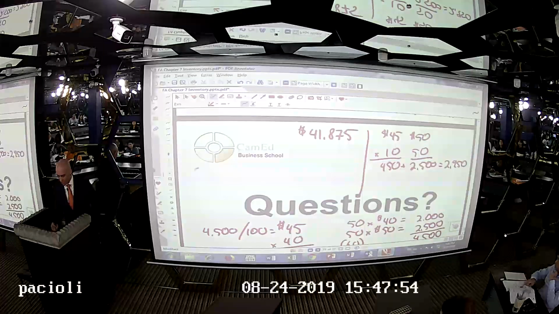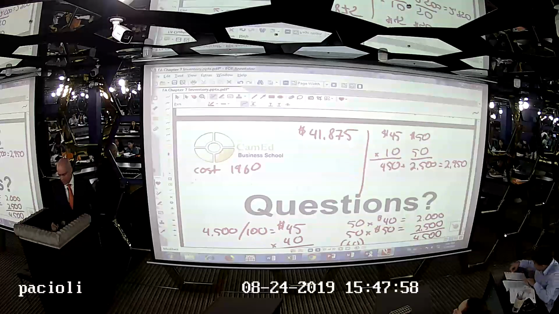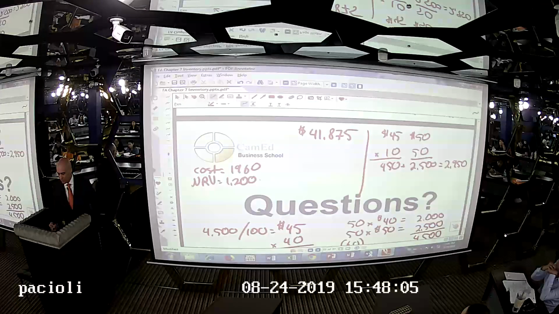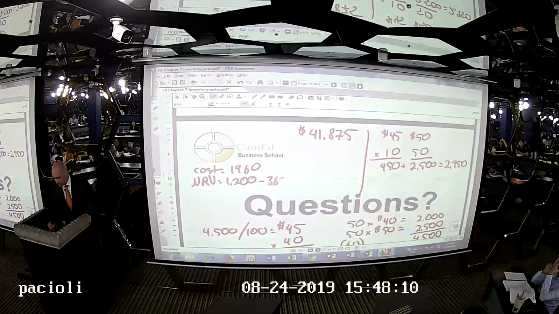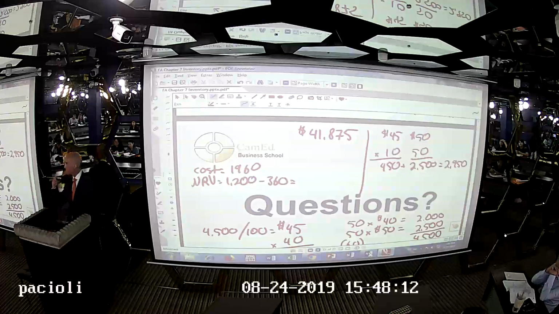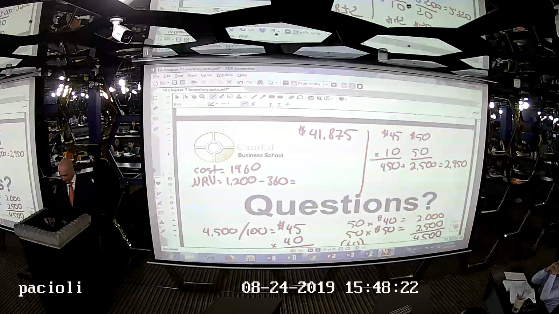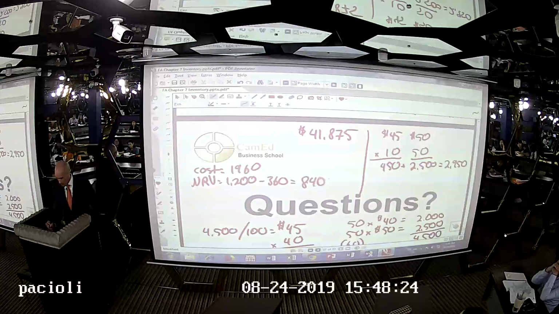So we compare cost. Cost is 1960 with the net realizable value. The net realizable value is 1,200 minus the cost to fix 360. Is that right? I'm trying to remember the question. Yeah, 840. So 1,200 minus 360, 840. So what is smaller, cost or net realizable value?